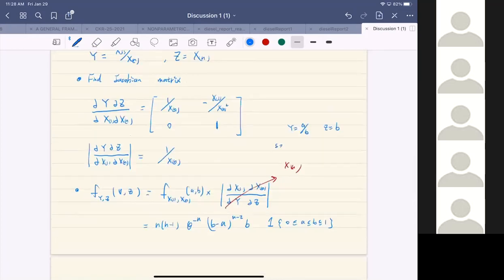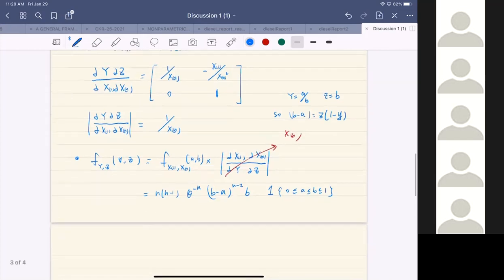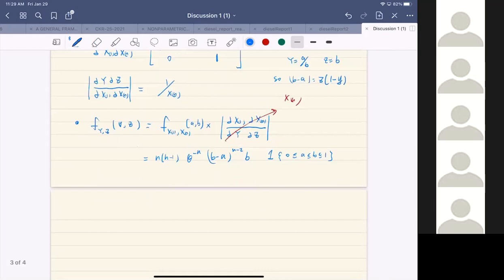So b minus a is equal to b times (1 minus y), so z times (1 minus y).